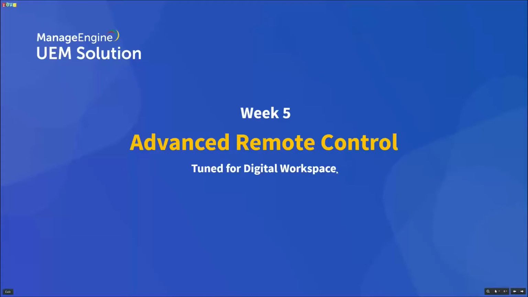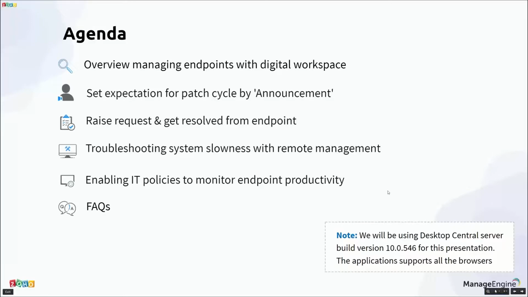So let me start with the agenda. First, we'll have an overview of the different difficulties in managing endpoints in a distributed environment. Then we'll see the uses of remote control and the other tools in Desktop Central, along with some real-time examples.